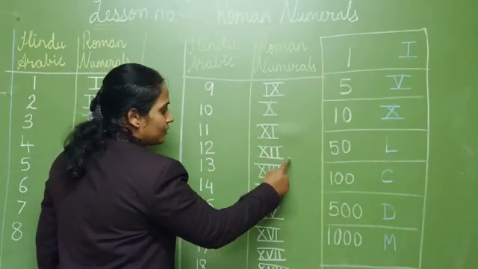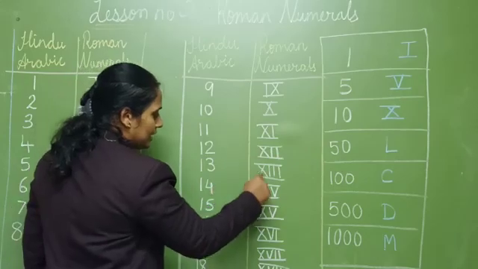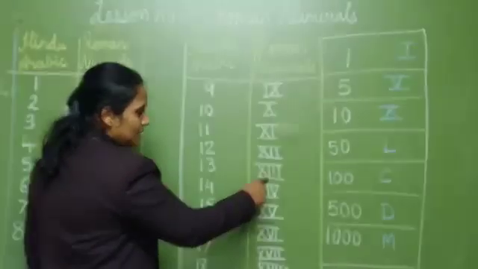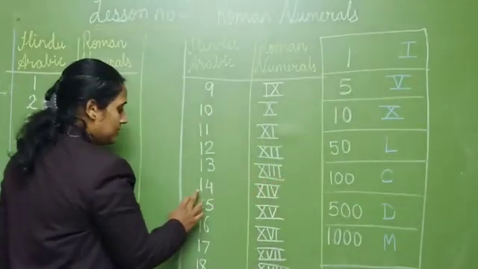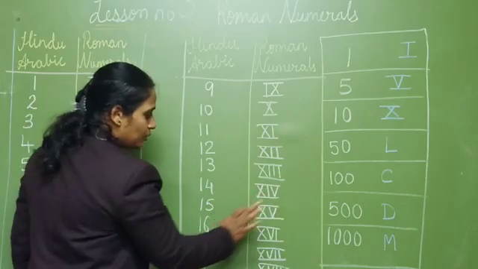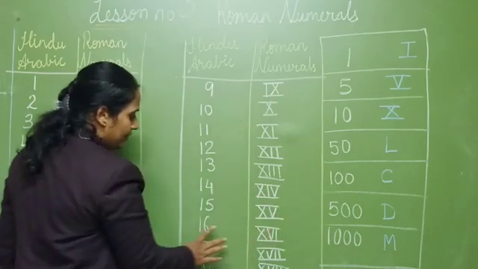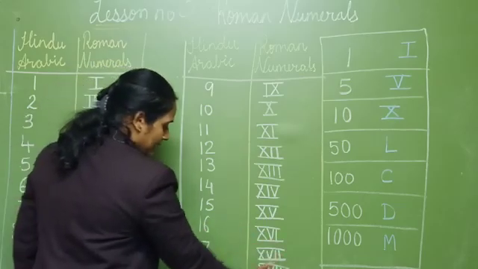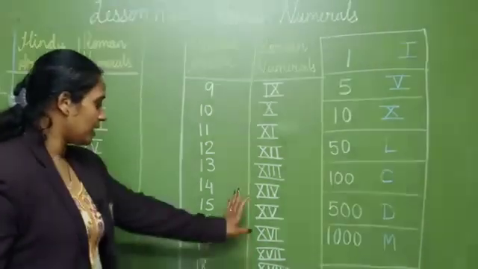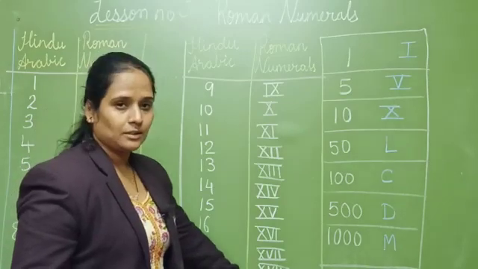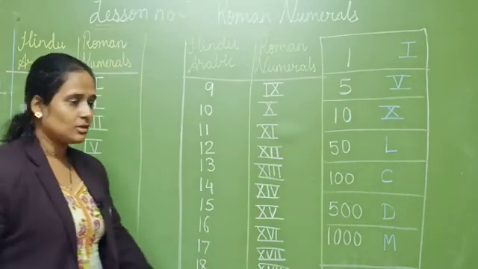For 12, 10 and 2. For 13, again X and 3. For 14, X and 4. X stands for 10, and again 5th, 6th, 7th, 8th, 9th. This way we write; up to 18 I have written on the blackboard.